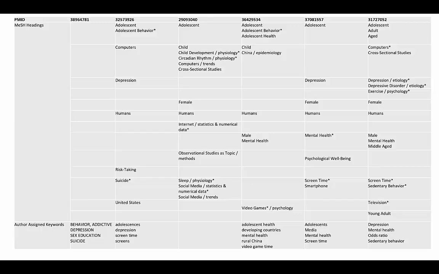You see there are some author-assigned keywords down at the far bottom, and one term that's missing from the keywords here that you hope is somewhere in the abstract is something about the age group. Also there's nothing about screen time in there. So for this very first column article, we would be looking more in the title and abstract to find our topic. For the rest of these, we've got some good MeSH headings in here.